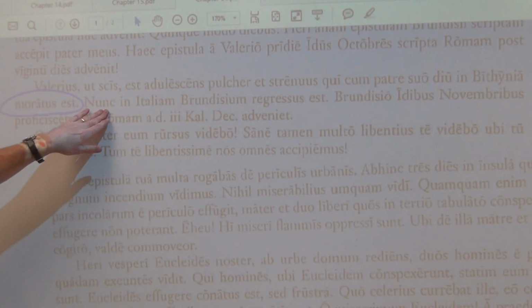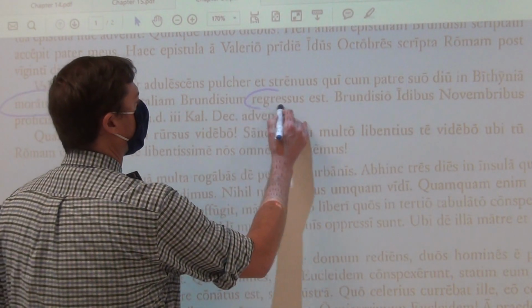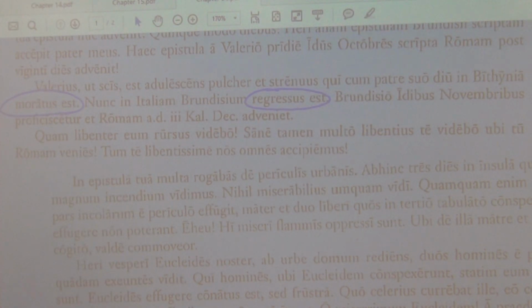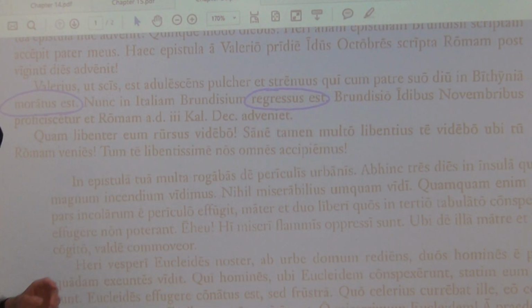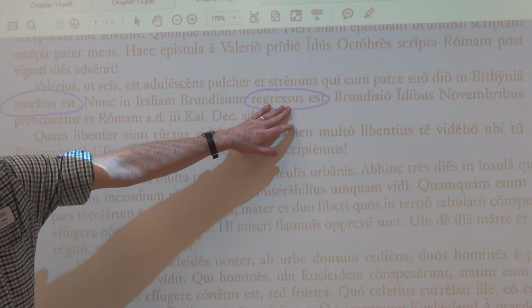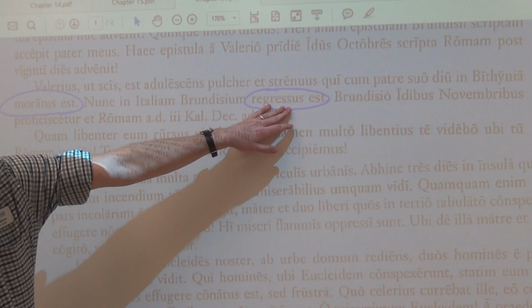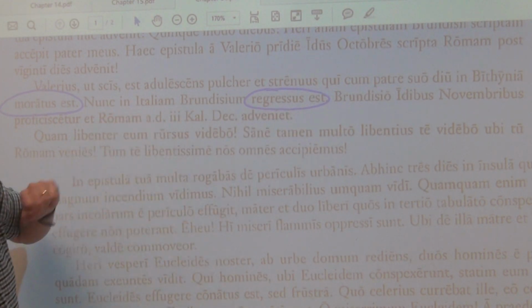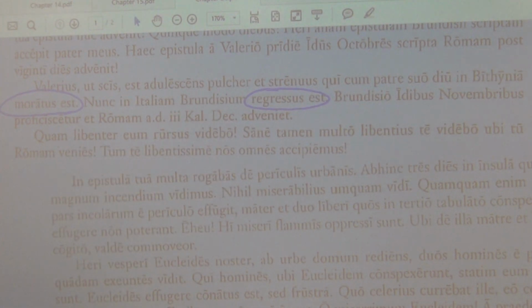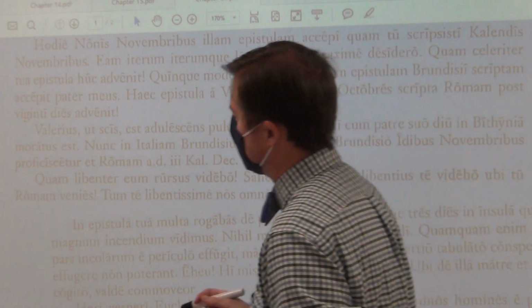And now, another deponent verb. Again, it looks passive, but it translates actively. That's what deponent verbs are. Regredior, regredi, regressus sum: he has returned into Italy, in plus accusative, to Brundisium. Let me point out, cities, towns, and small islands often do not need a preposition.